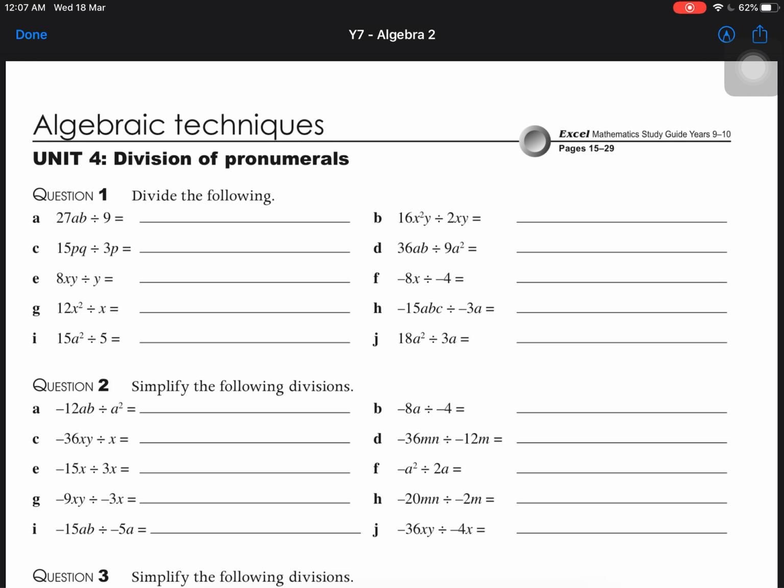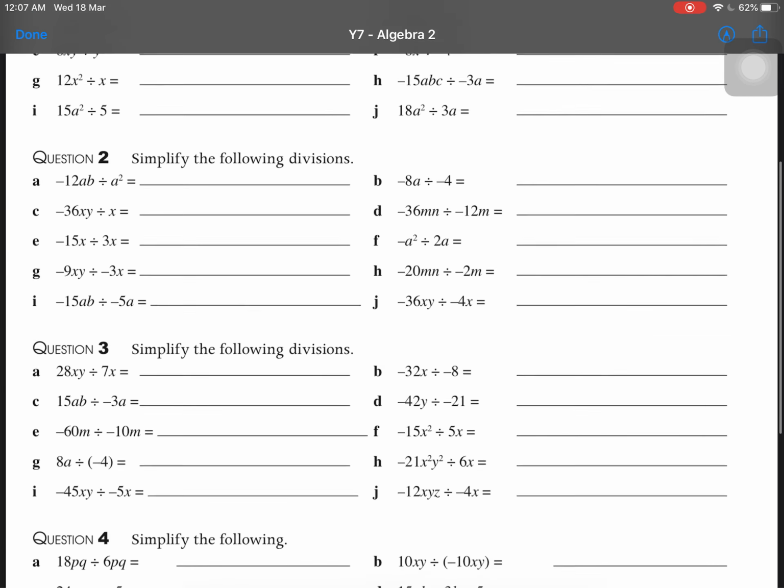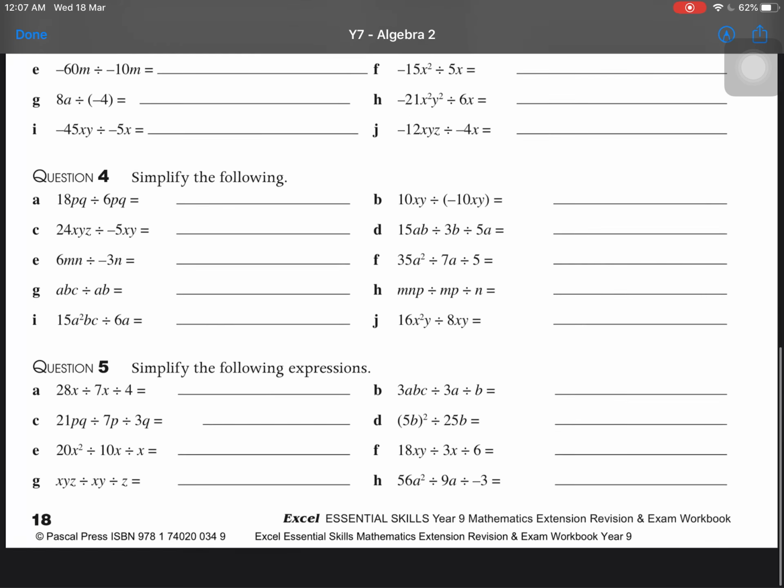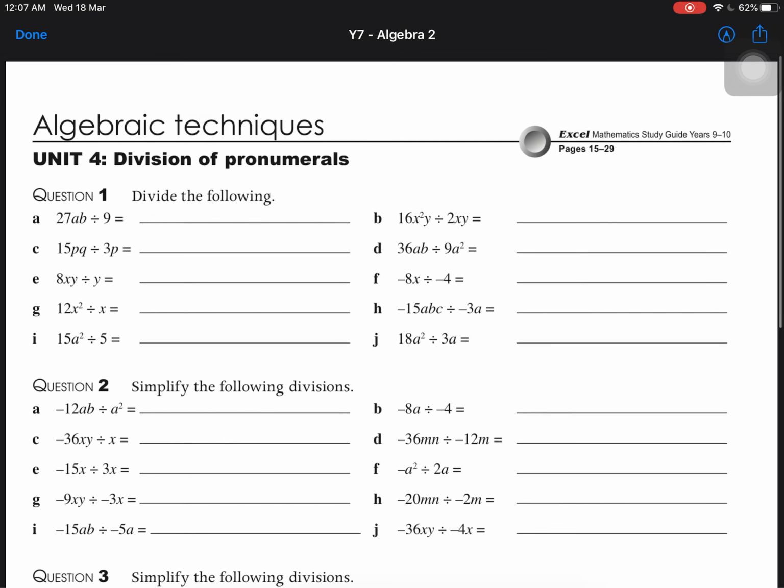Hello, we'll meet again. Now, in this particular work, we are going to explore the techniques and skills required for us to divide algebraic terms. So, the pattern of questions are the same. They are grouped by different types of difficulties.